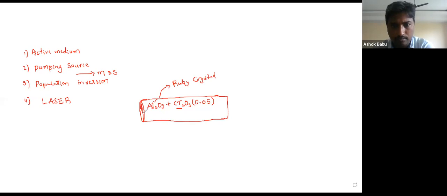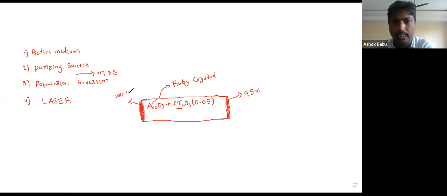One is fully silvered, 100% silver, and the other side is a 95% partially reflecting mirror. This is the 95% reflecting mirror. Two ends are silvered here. One end is fully silvered and one end is partially silvered.